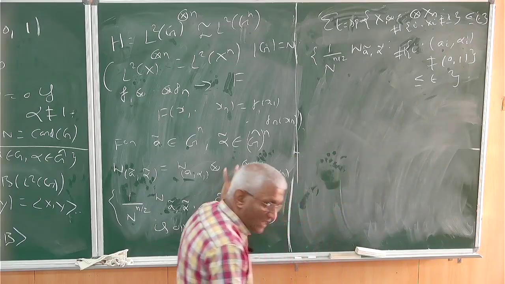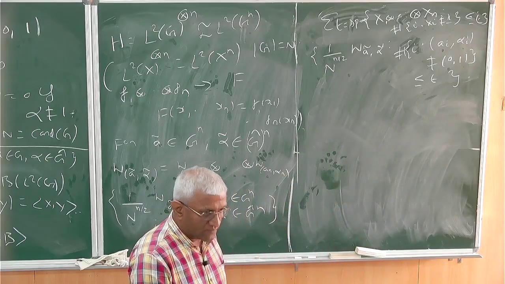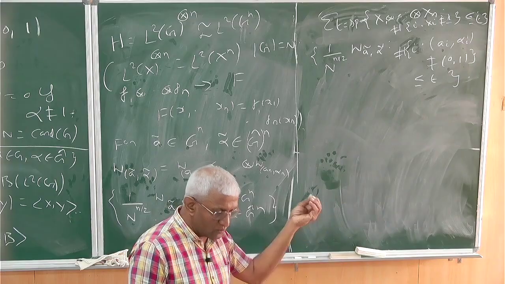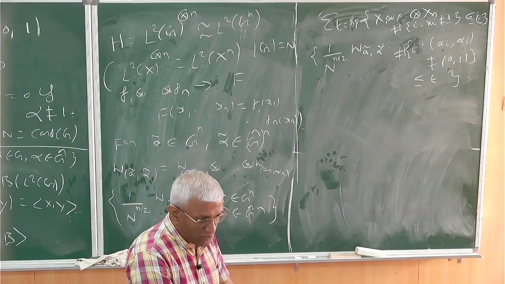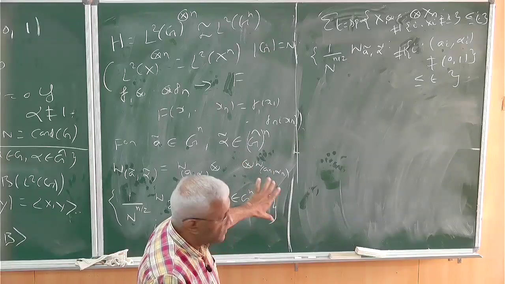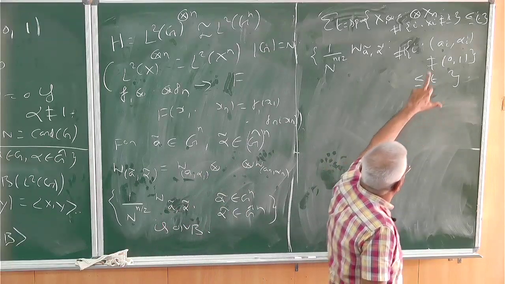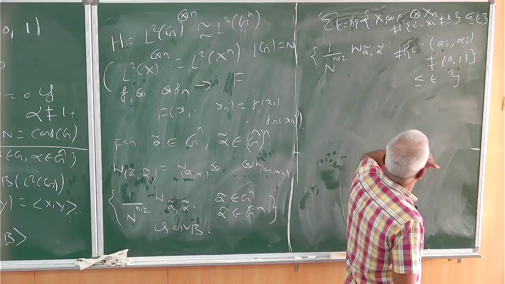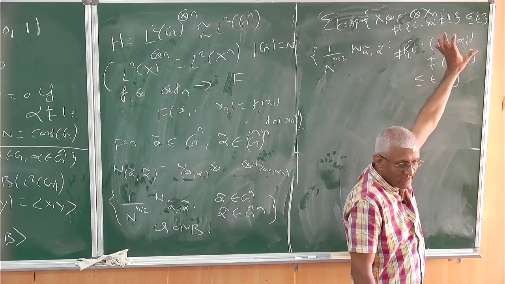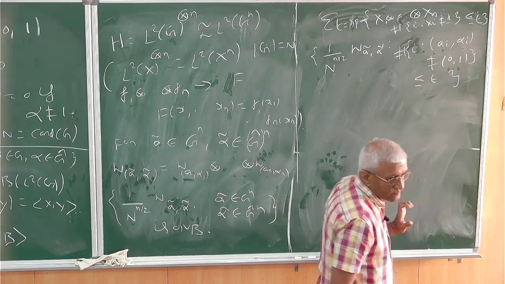U of A commutes, V of alpha commutes, but together they don't commute and they generate the whole thing. When both are not equal to identity, then they will generate the whole thing in that corresponding component.